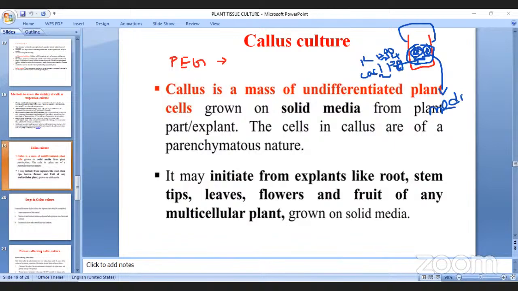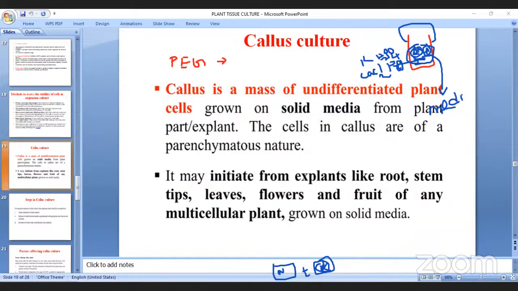Already told you, the fusion occurs between a protoplast with nucleus and another with only protoplasm, without nucleus. Now that is called a hybrid. After hybrid formation, it is transferred into the culture media.